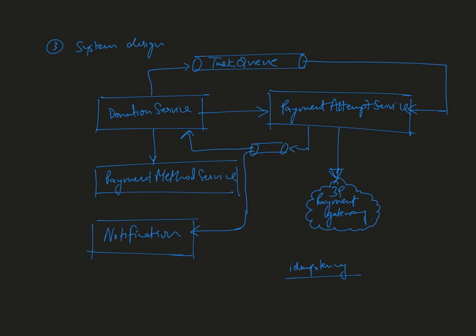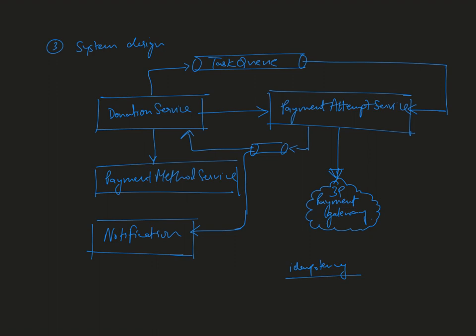You could also get tricky with the fields, right? You can imagine that your idempotency key is derived from the user plus amount plus payment method, right? And here the assumption is that within a span of 1 minute, the same user won't use the same payment method to make a donation for the same amount, right? So you could have some logic on the server.